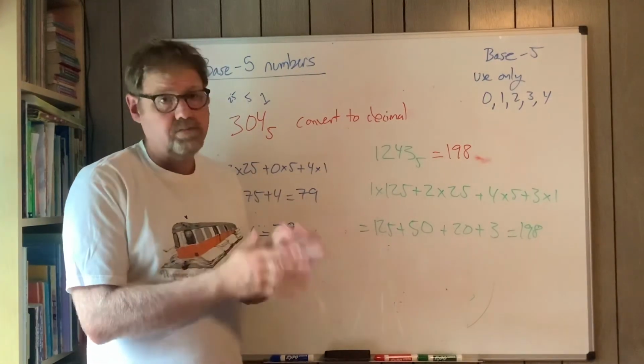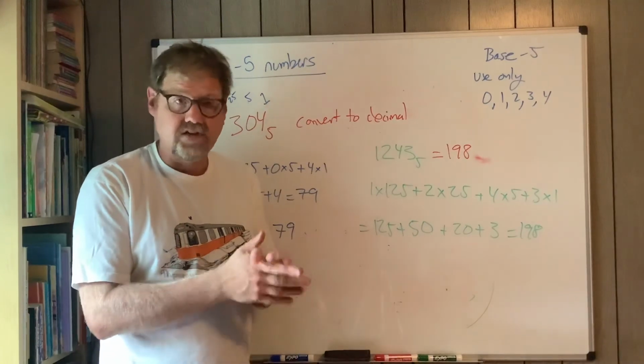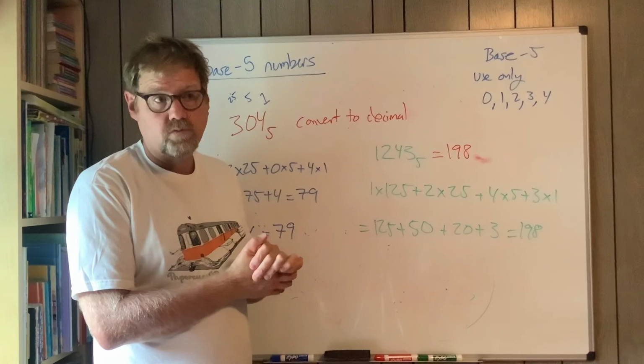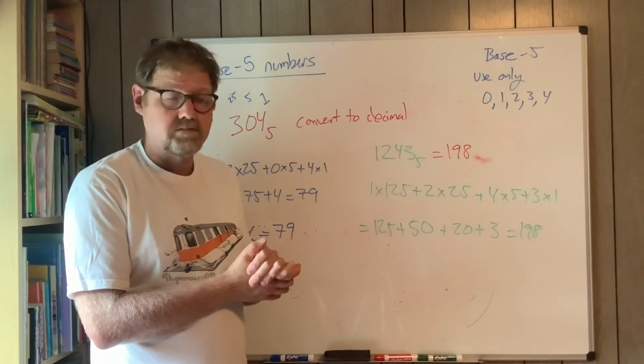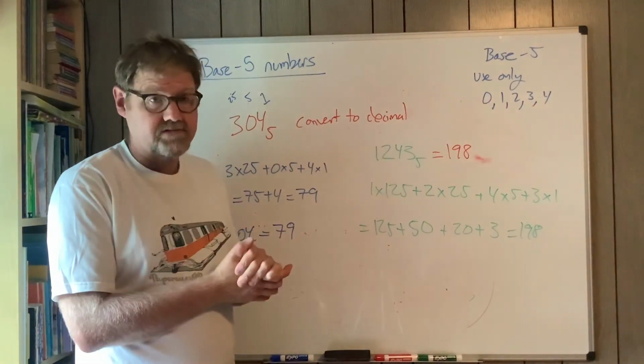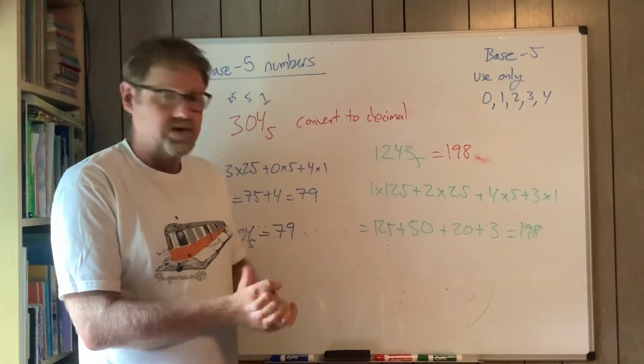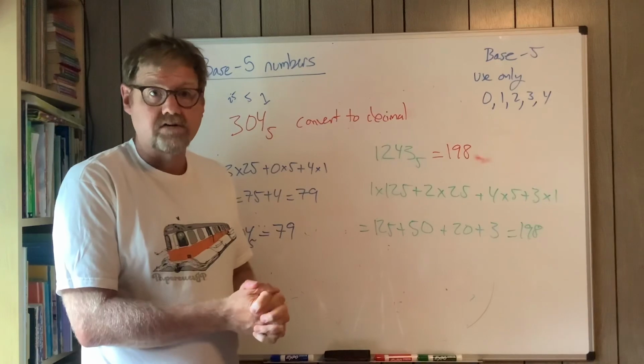You're going to do regular base 10 versions of these things, but it firms up what we're doing in decimal. Okay, so that's basically a preliminary introduction to base 5, and we will see more of that later.